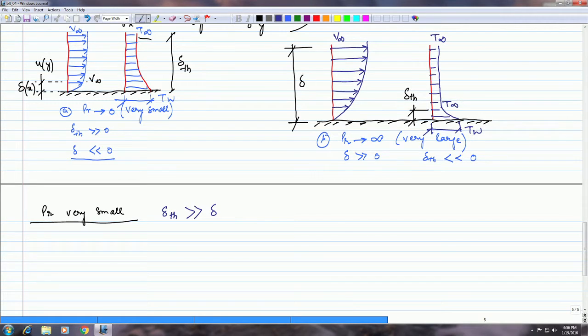what we can do here is that we can disregard the velocity boundary layer when calculating the thermal boundary layer.